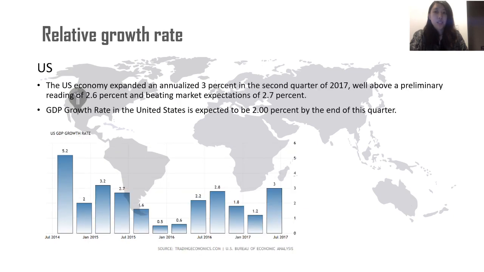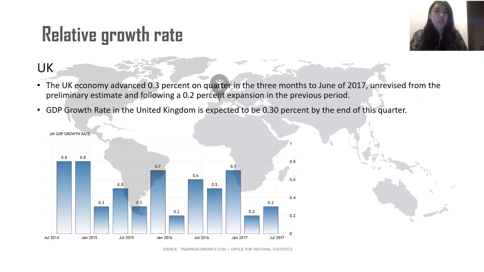The US has 3% in the second quarter of 2017, but it is likely to fall in the future, even though it appears to be rising now. The UK only has 0.3% on the quarter in the 3 months to June 2017. It appears to remain unchanged or slightly down in future.